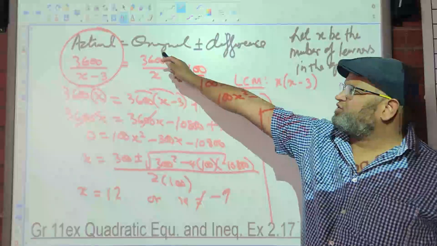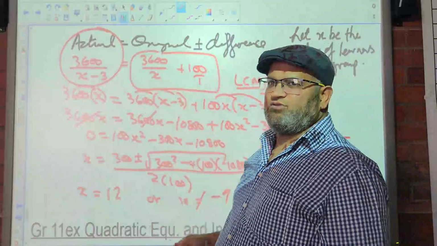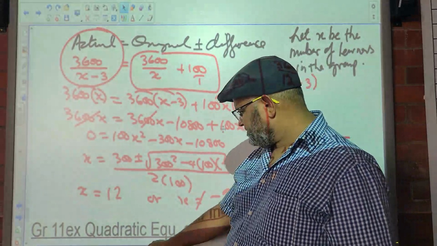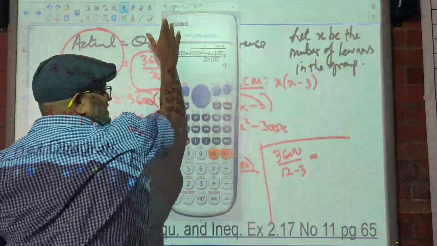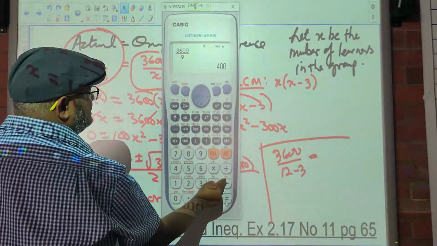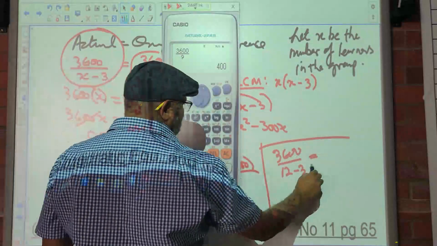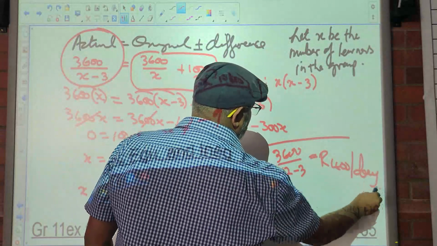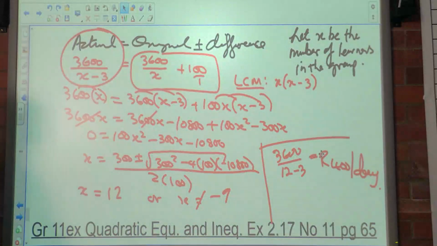Otherwise, I could have punched this whole thing in the calculator as well. Okay, so actually what is happening is 3,600 over 9. So they're paying 400 rand per day. That is for the learners that actually pay.